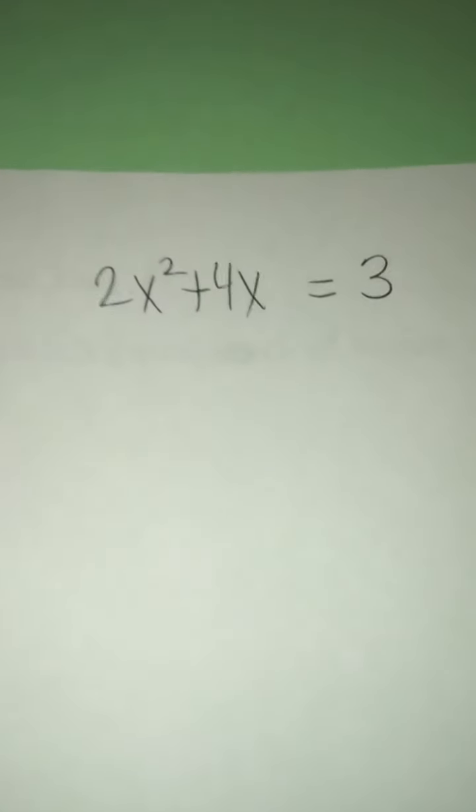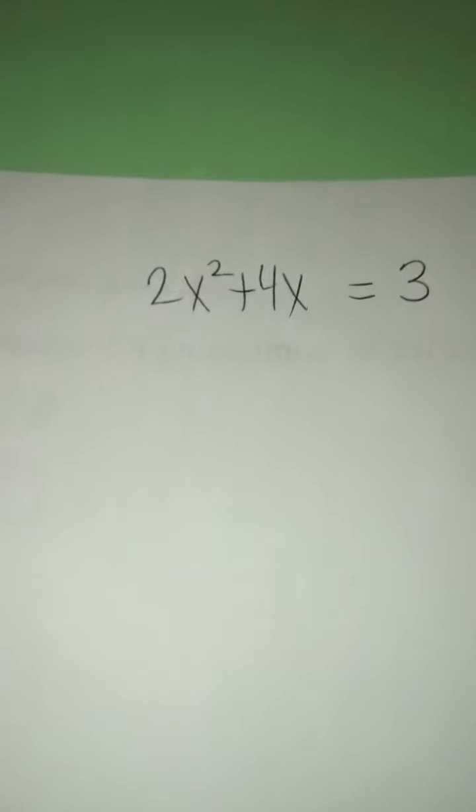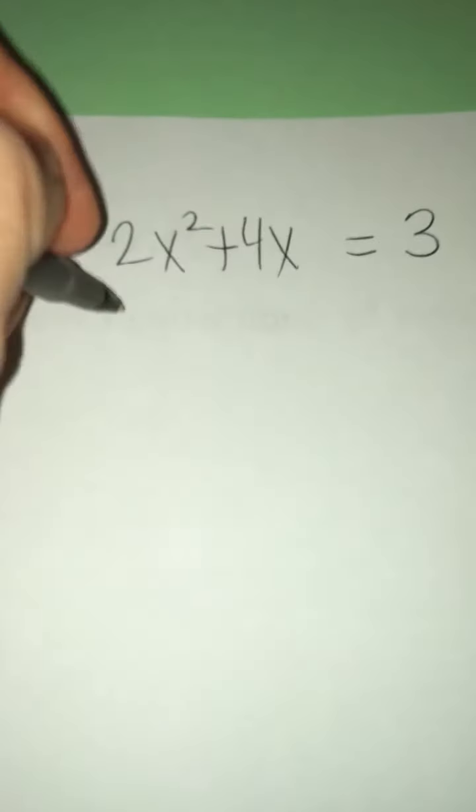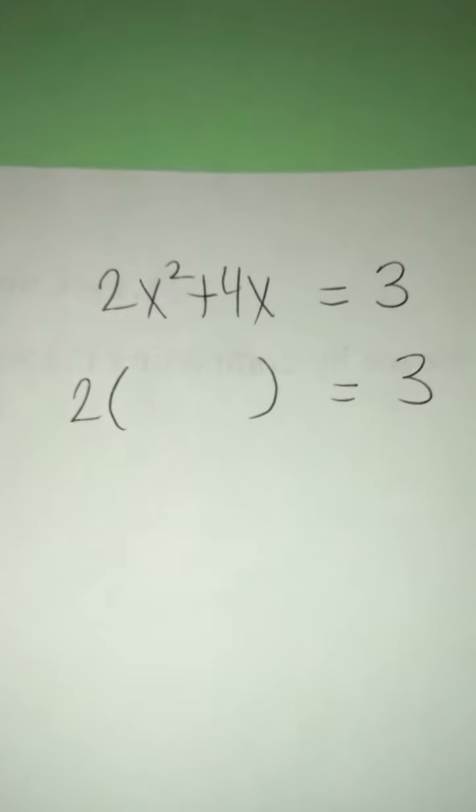Now, one thing to consider, in order to use completing the square, the leading coefficient has to be 1. In other words, that number in front of the x squared has to be 1. So what we need to do is factor out or divide each of those two terms by 2. So we can just factor out a 2. And we're left inside x squared plus 2x.